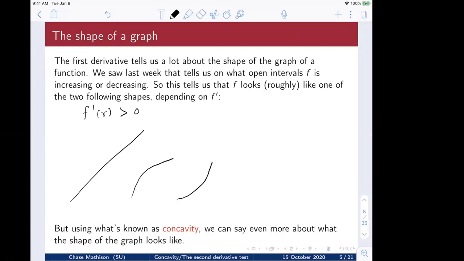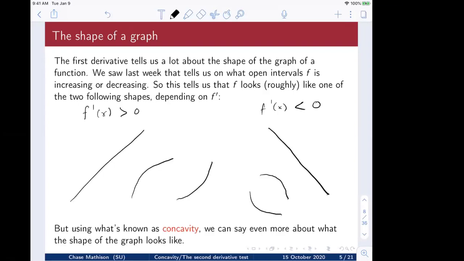And on the other side, if f prime of x is less than 0, then f has to have a shape roughly like this. It could be doing something like this, or something like this, but it has to be roughly trending downwards, right?